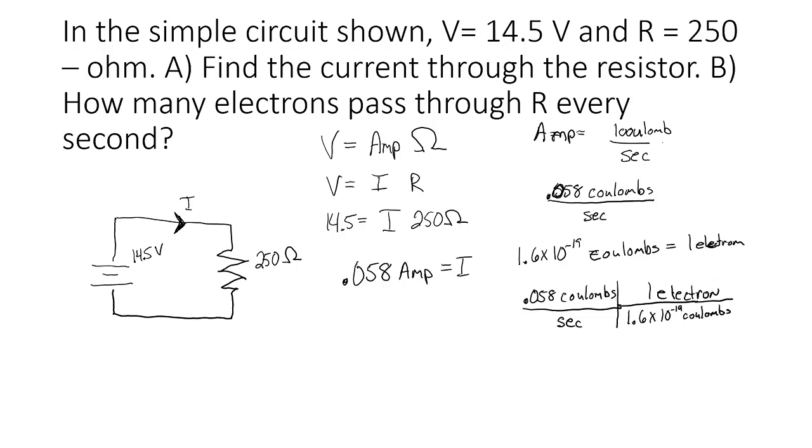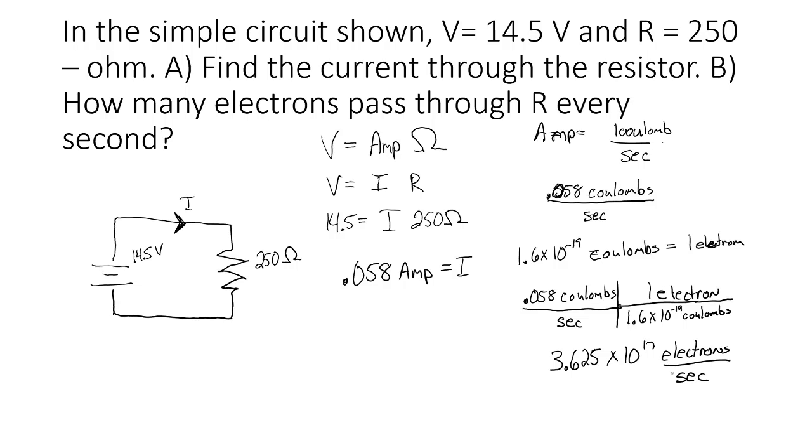So now we just do the math. 0.058 divided by 1.6 times 10 raised to the negative 19th. We're going to get 3.625 times 10 to the 17th electrons every second.